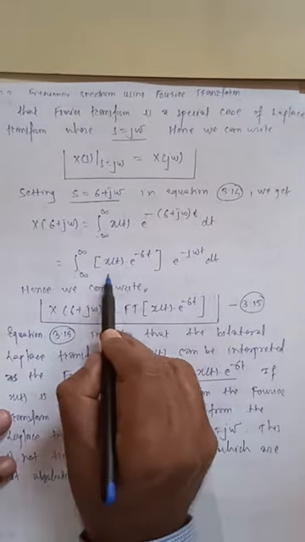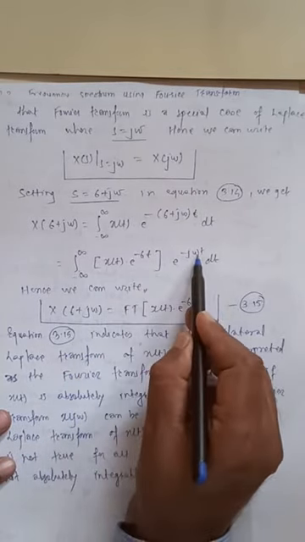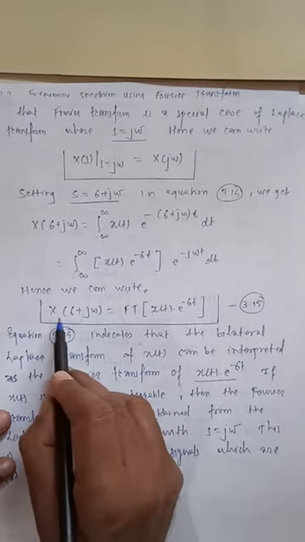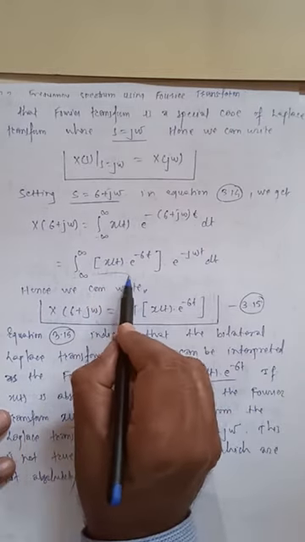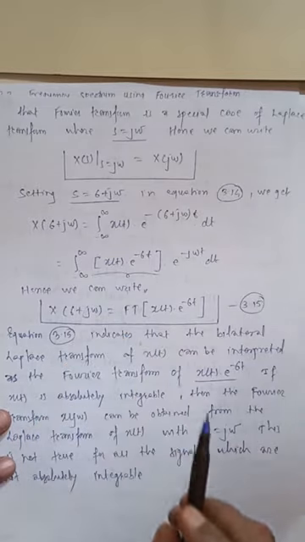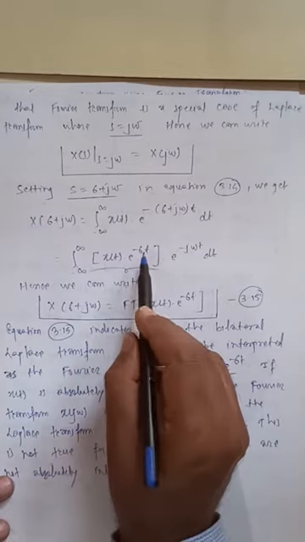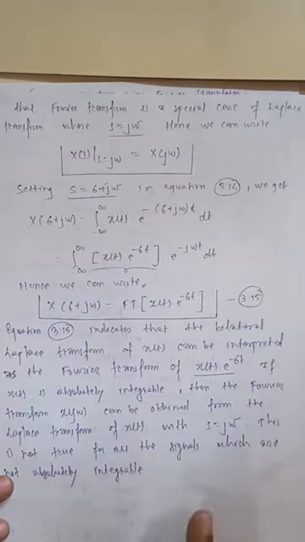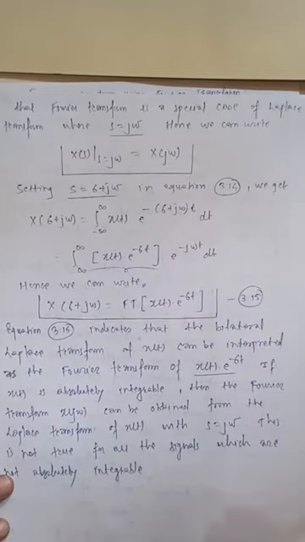So this is the signal: x(t) into e raised to minus sigma t, e raised to minus j omega t dt, that is the Fourier transform representation. Hence we can write X of sigma plus j omega as nothing but the Fourier transform of this quantity. So if we put sigma equal to 0, it becomes the partial case of the Laplace transform, which is represented as the Fourier transform.